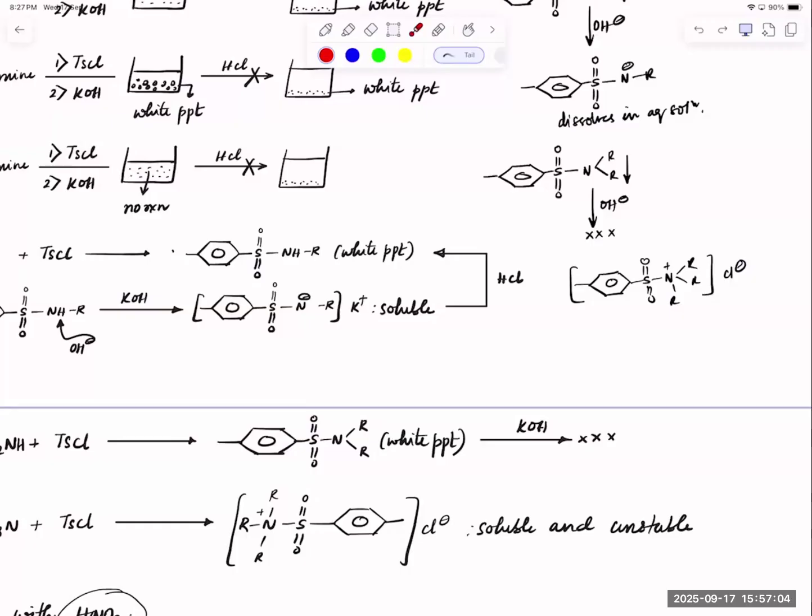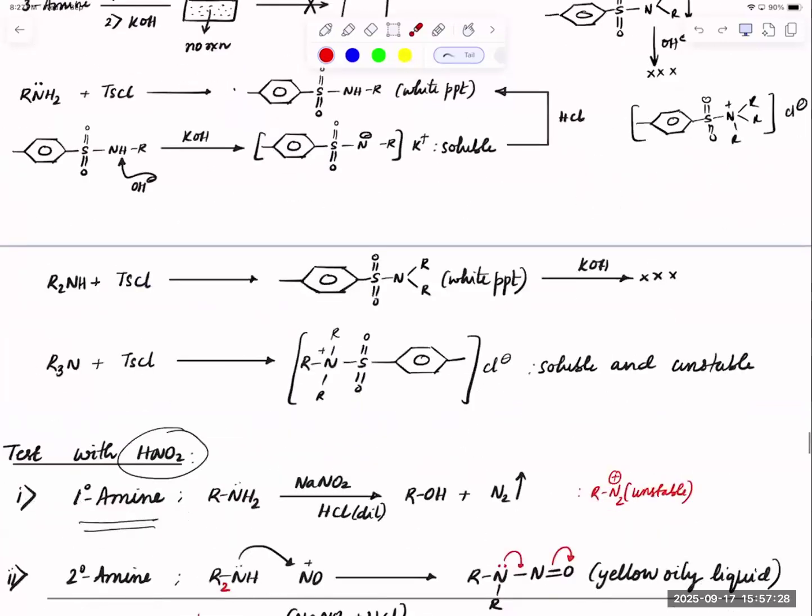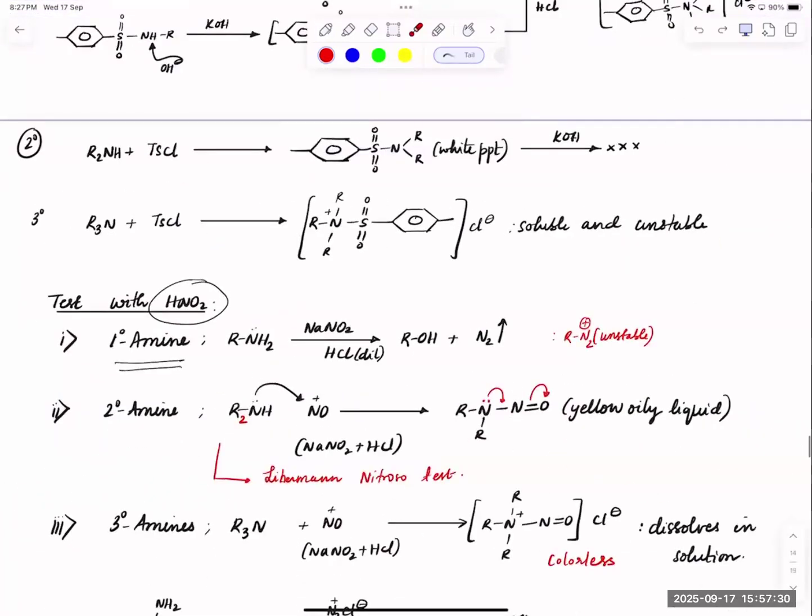So you can separate out by filtration. Then once you get the filtered white color precipitate, add KOH to it. The one which gets dissolved in it has to be 1 degree. And the one which does not dissolve, it will remain the same, that has to be 2 degree. Clear, girls? That's how you can use it for the separation process as well.